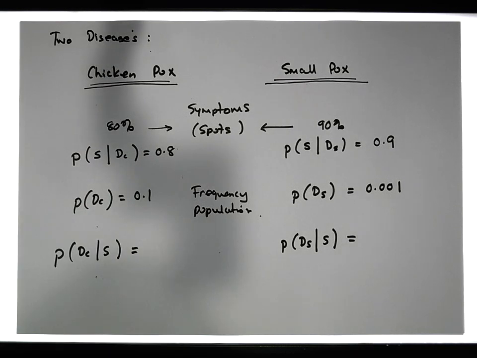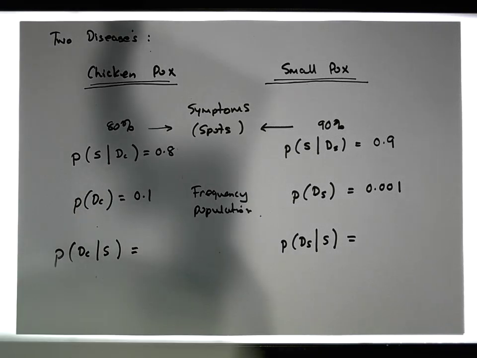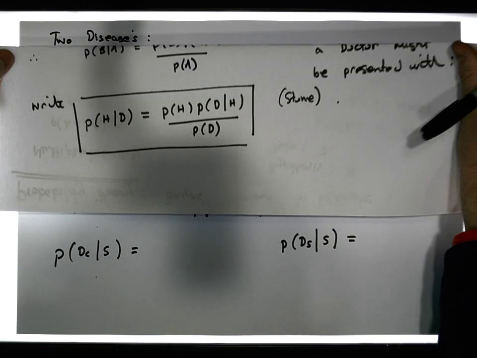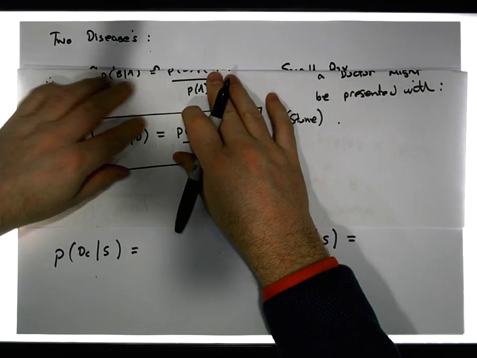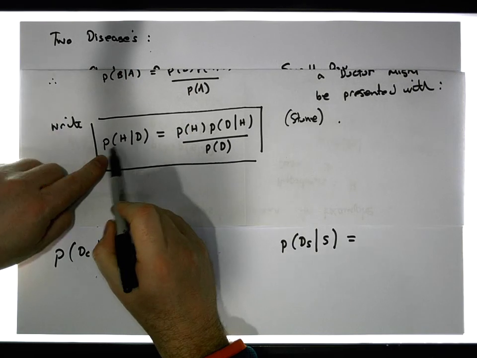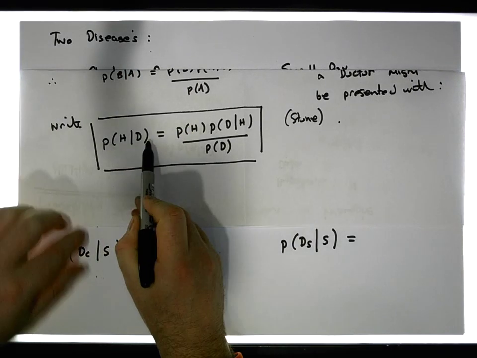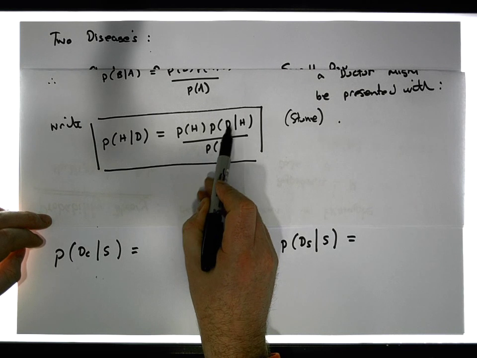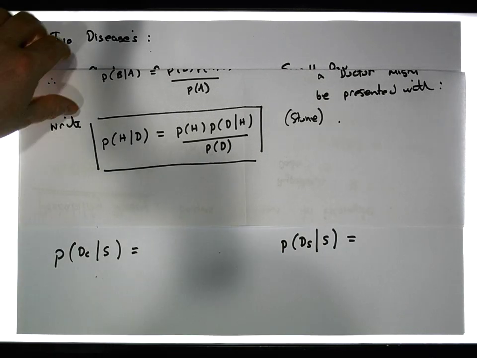Now Bayes' theorem tells us what we can do, and it helps us out in this particular situation. Bayes' theorem, as I said earlier: the probability of the hypothesis given the data is the probability of the hypothesis times the probability of the data given the hypothesis, divided by the probability of the data.